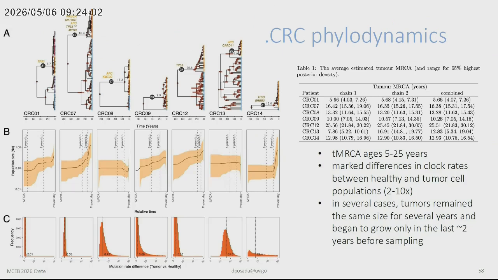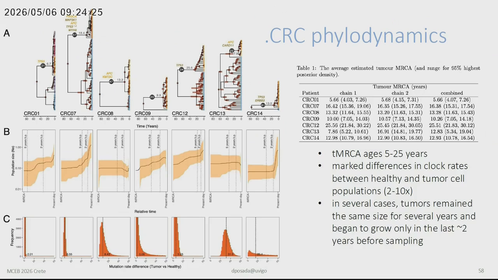That pattern happened a few times. That means the tumor is more or less old and remains indolent. The patient doesn't know the tumor is there, but it doesn't grow for a long time, and suddenly it grows. That is important because it opens a window of opportunity for detection of tumors before they expand, in theory.